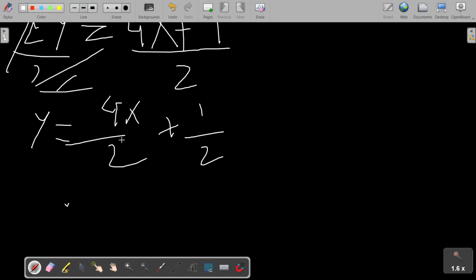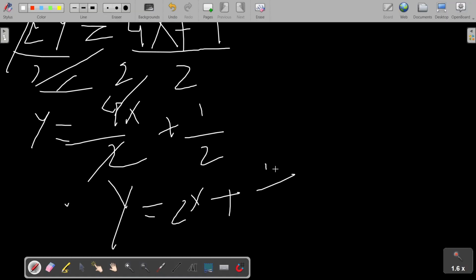So let's cancel this out. This becomes 2, so we get y is equal to 2x plus 1 over 2.